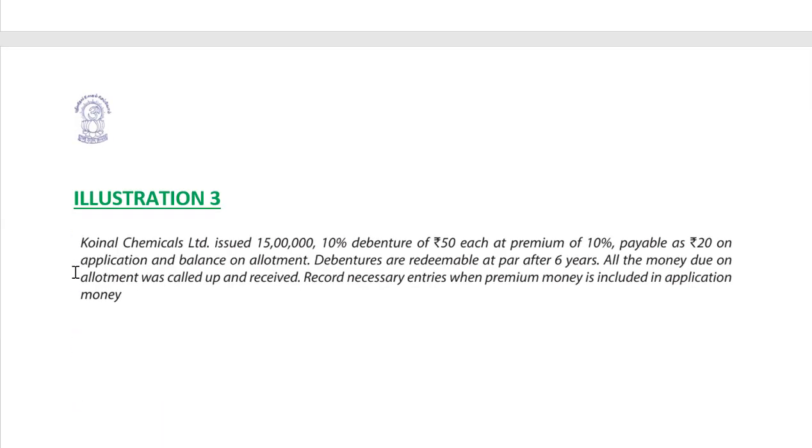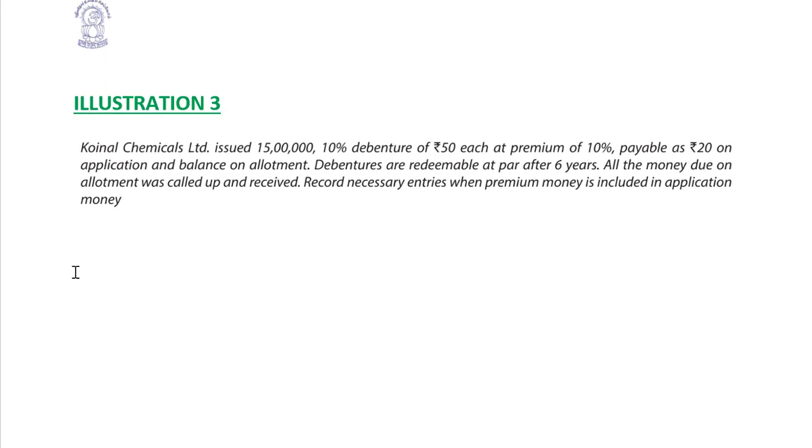Illustration 3. Koinal Chemicals Limited issued 15 lakh 10% debentures of 50 each at a premium of 10%, so 55, payable as 20 on application and balance on allotment.